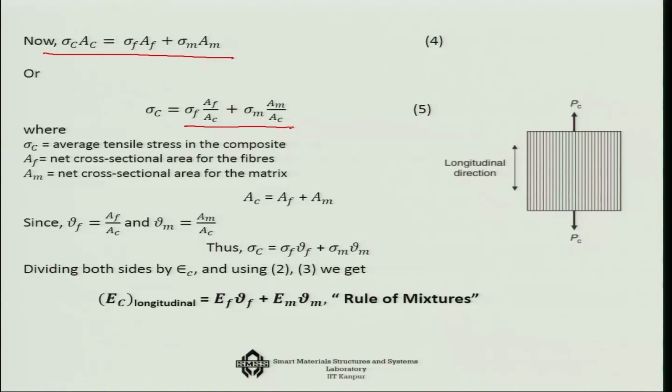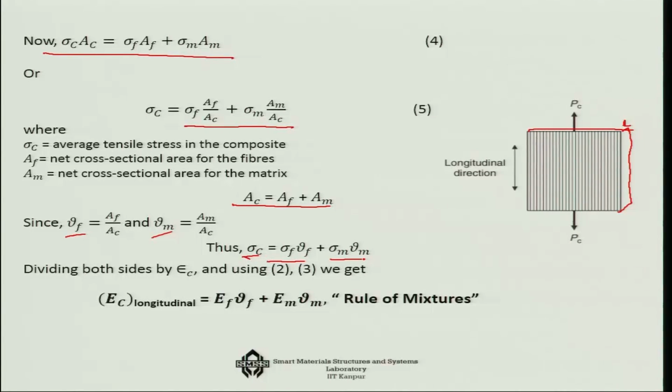Since you are considering the cross sectional area and a unit thickness of the system in this direction, this is unity, then AC you can say to be AF plus AM, and that is nothing but VF and VM. Hence sigma c is sigma f VF plus sigma m VM.